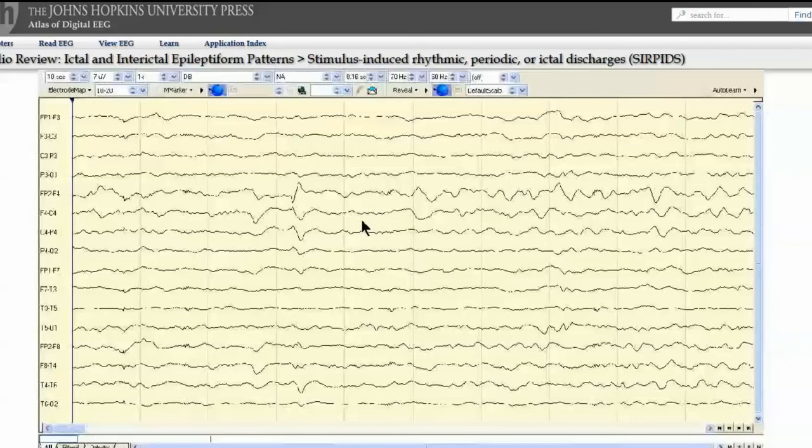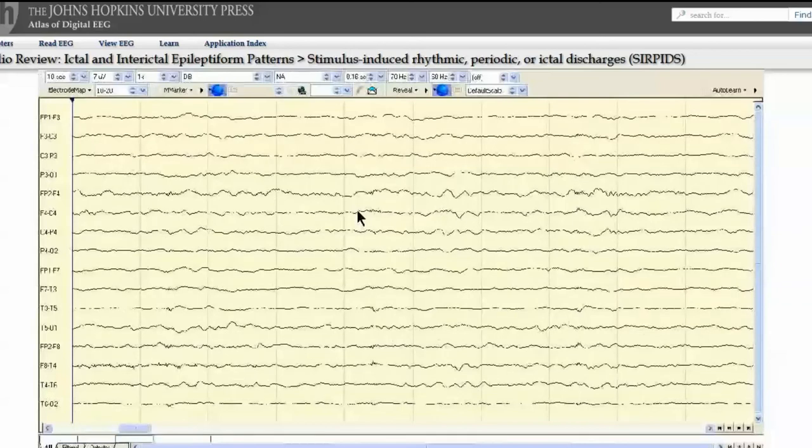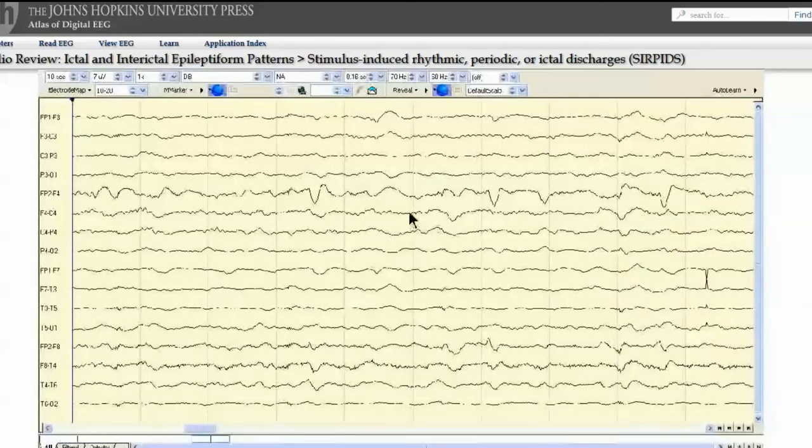Moving on to the next 10-second segment, we can see that the focal slowing continues in a waxing and waning pattern over the right frontal region, as does some sleep activity in the form of spindles.